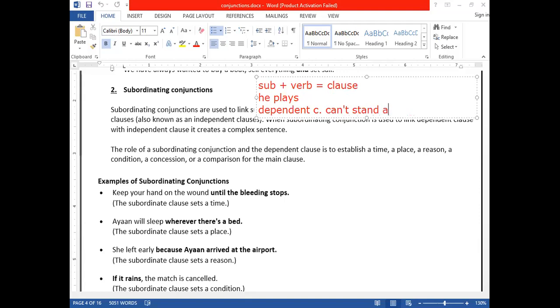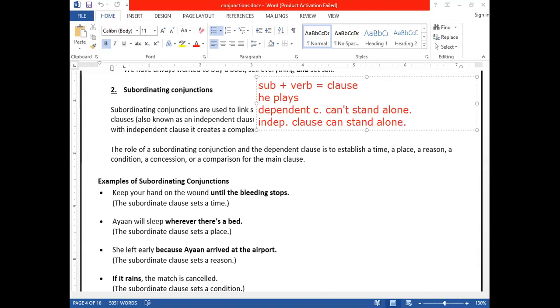What I mean by that is it does not give us meaning without an independent clause. Whereas an independent clause can stand alone. It gives us complete meaning without even a dependent one.